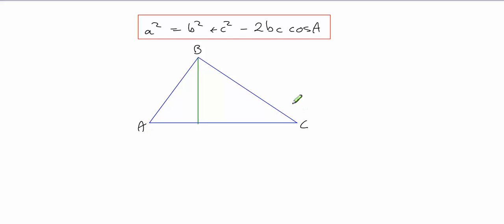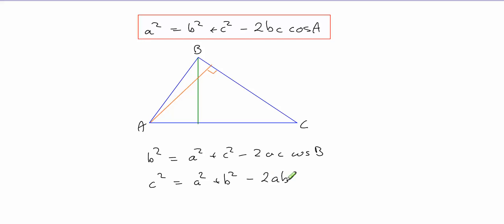I could have chosen A or C, so I could have drawn a perpendicular line from A to BC, and I would have formulated the cosine rule as b squared equals a squared plus c squared minus 2ac cos B. Similarly, I could have drawn one from C to AB and got c squared equals a squared plus b squared minus 2ab cos C.